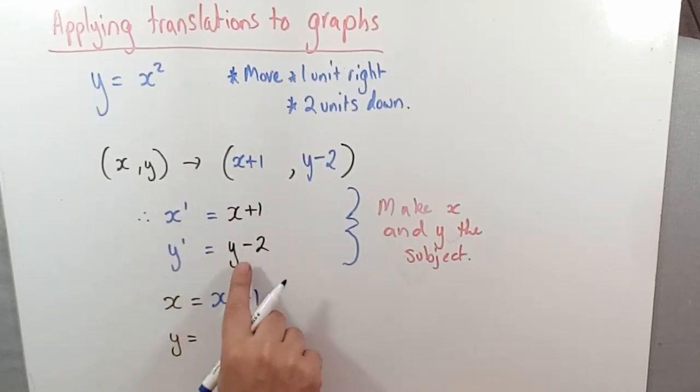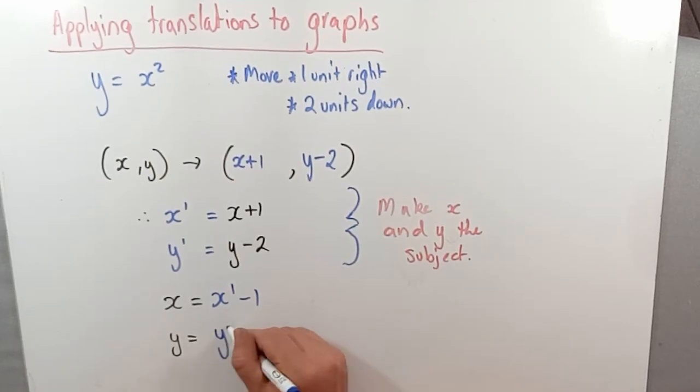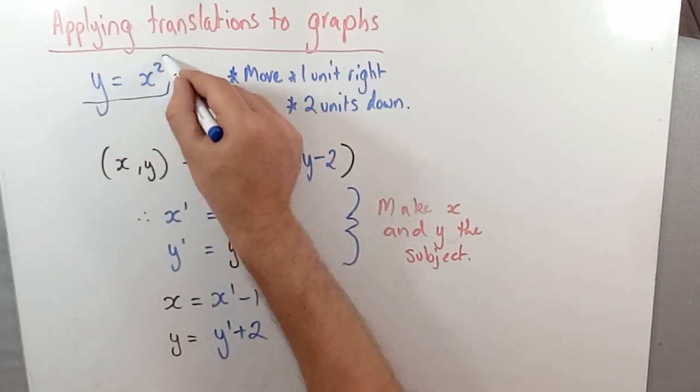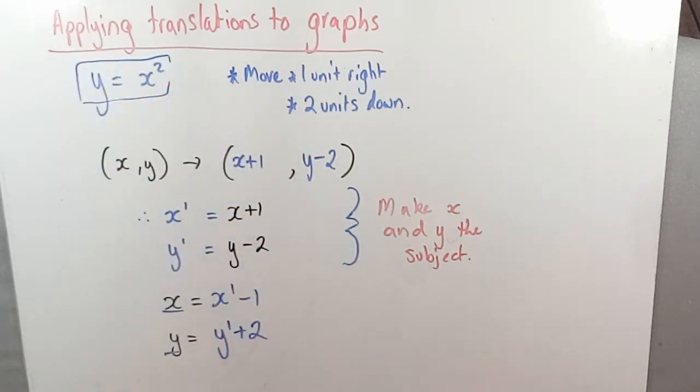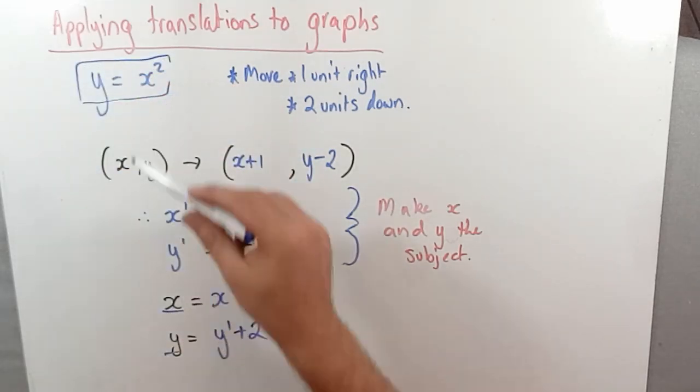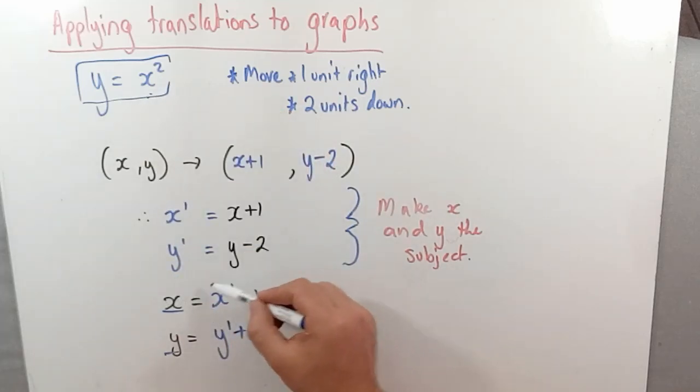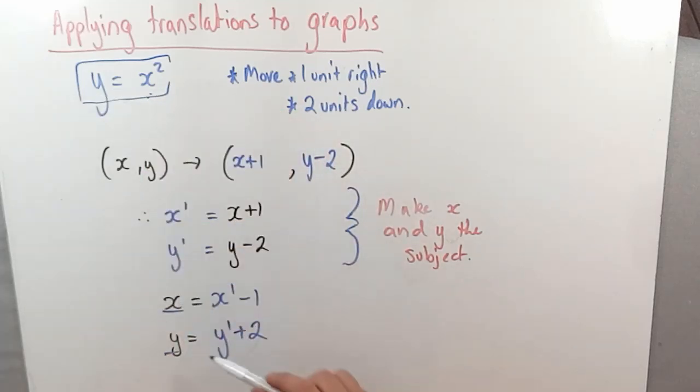And then moving the 2 across, I get y image plus 2. So once we've done that, I've got my rule that I want to apply. For every x in this formula, I put in x image minus 1. And then for every y, I put in y image plus 2.